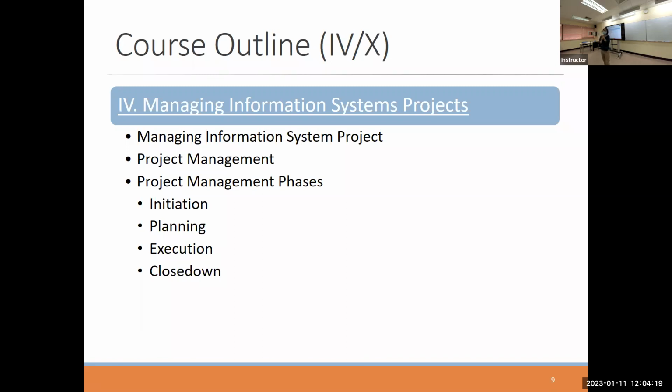Okay, first is about the time, the scope of time. Second, about the software scope or information system scope. Initially, you may talk to the users, the stakeholders, and every other person who will be part of your information system project, who will be your users.